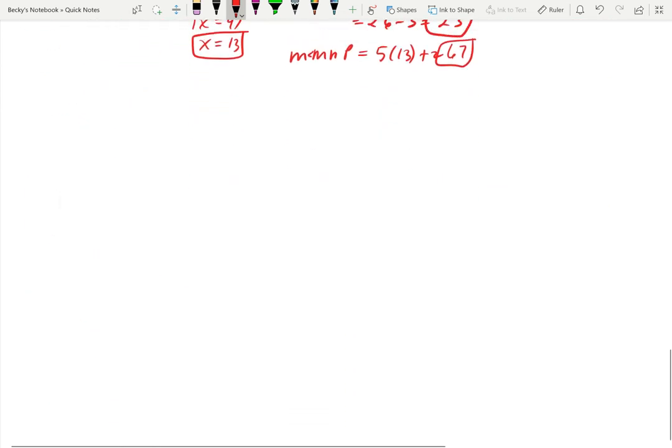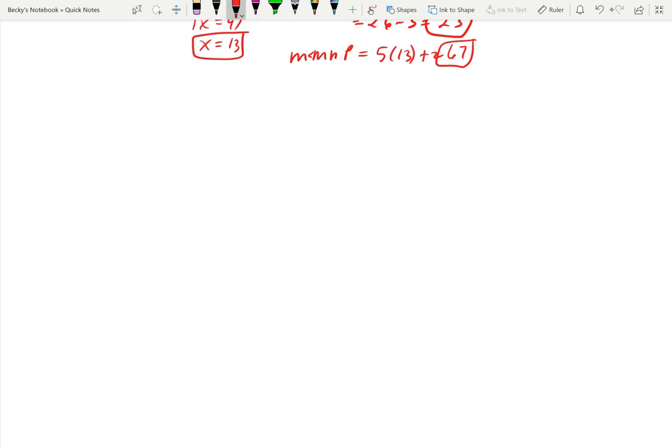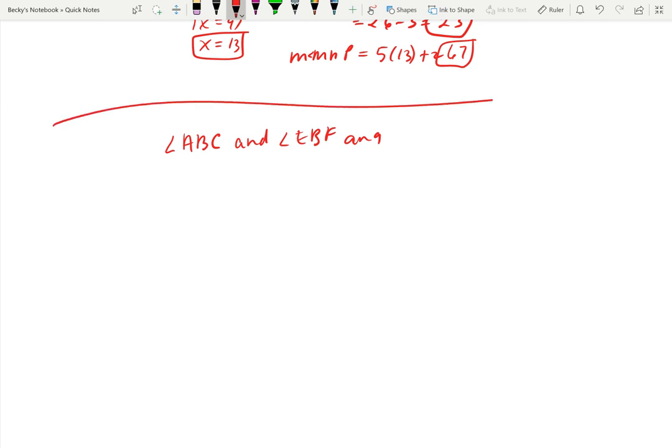All right, so we're going to do a problem off the Core 40 homework, which is the kind of stuff they put on SATs very, very often. So we have two angles, ABC and EBF, and they are a pair of vertical angles.